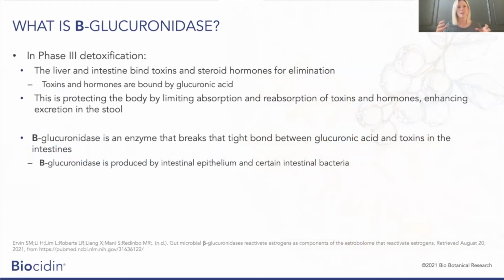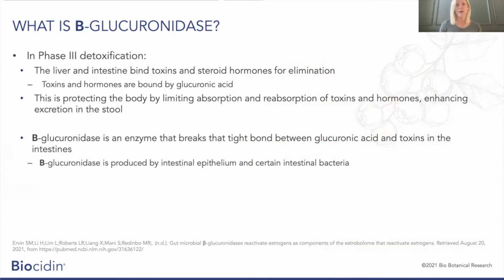So the estrogen gets to the liver and binds this hormone with glucuronic acid, just like it binds other toxins. And this protects the body by limiting absorption and reabsorption of those toxins and hormones back into circulation, enhancing their excretion in the stool. So that binding of glucuronic acid is the signal to the body to eliminate those toxins and hormones after they've been broken down and used.